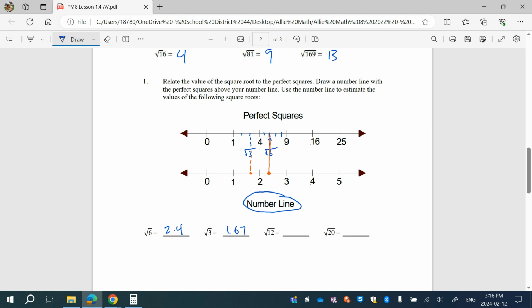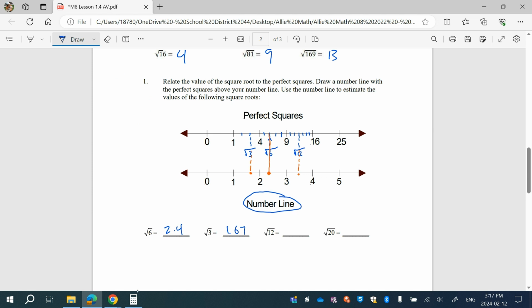Next, let's try the square root of 12. So you would have 9, 10, 11, 12, 13, 14, 15. So that would be 10, 11, 12. Looks like right there, square root of 12. And if we follow that all the way down here, it looks like it's just a bit before half, so a little bit less than 3.5.